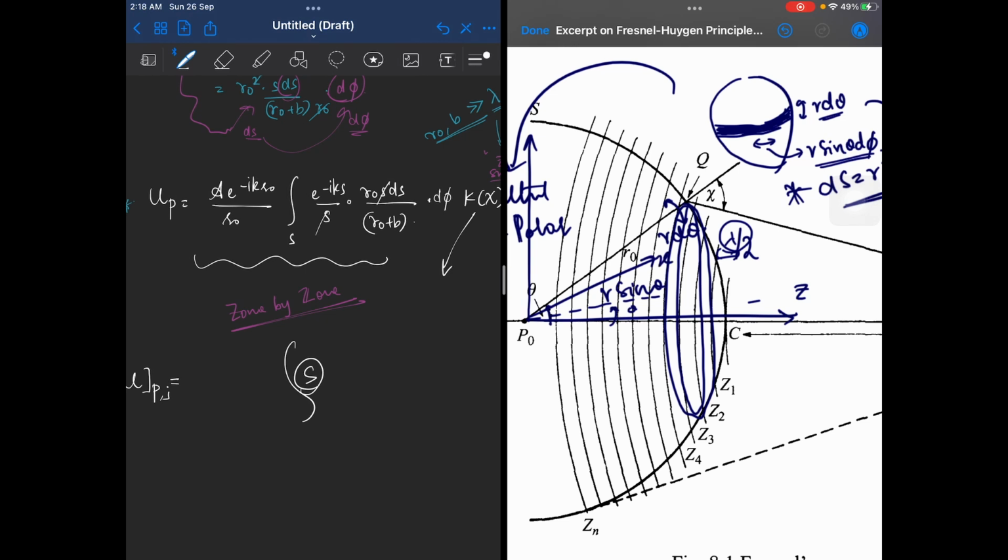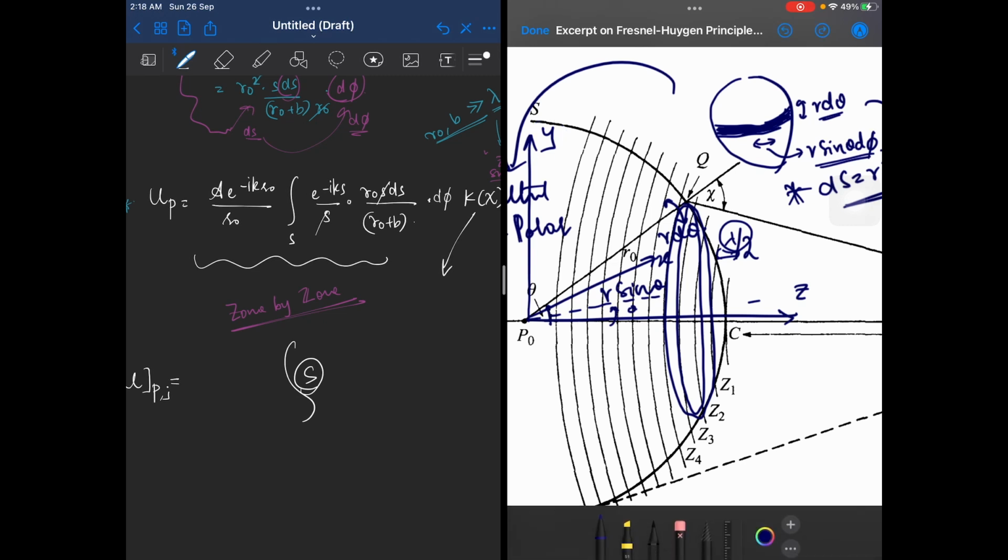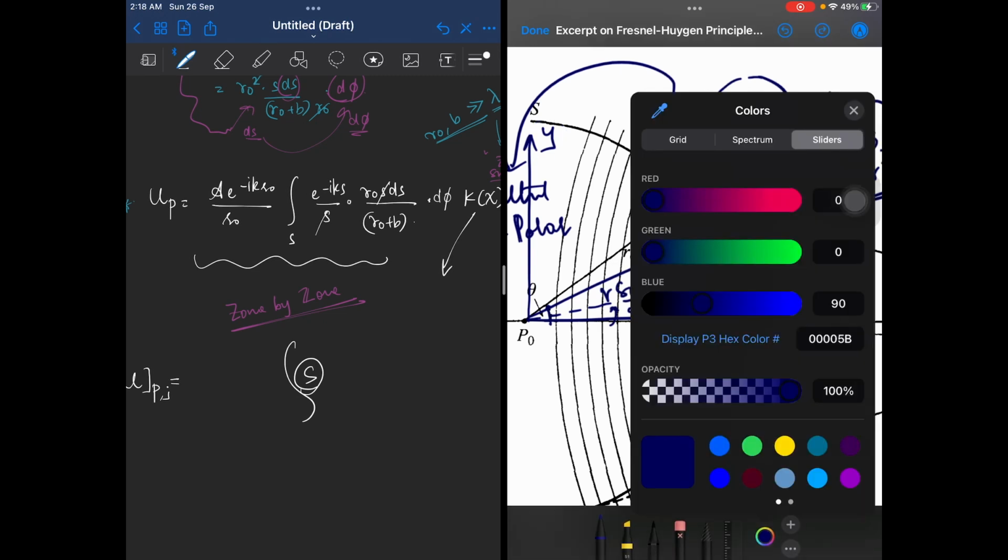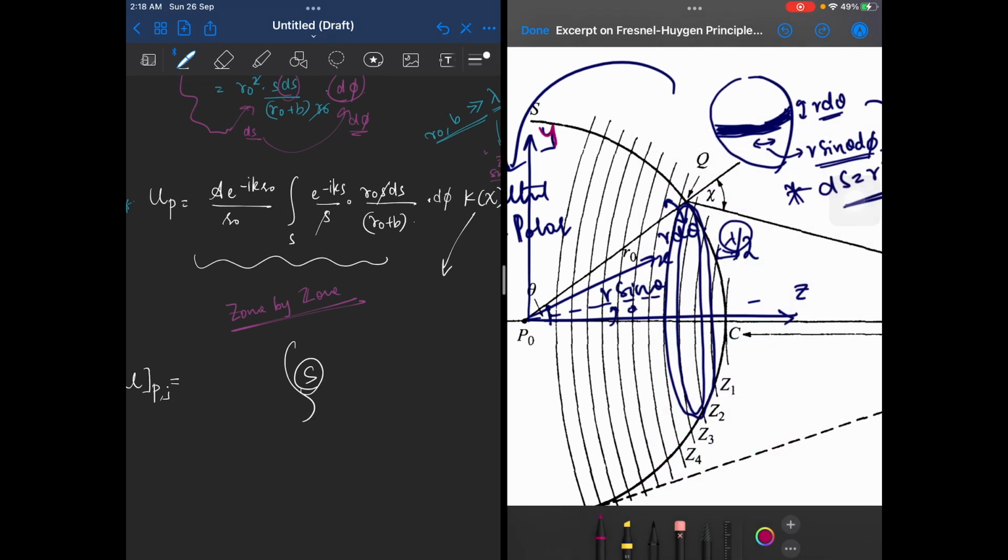X cross y is z. Why don't I take another pen, somewhere around this color. This is y. This is x. This is z, and we are measuring theta here. So the phi falls over here.